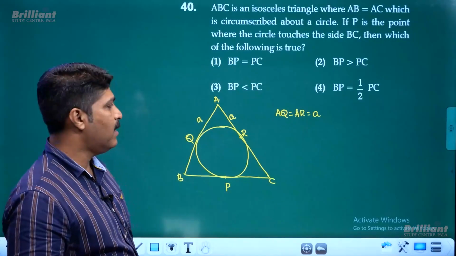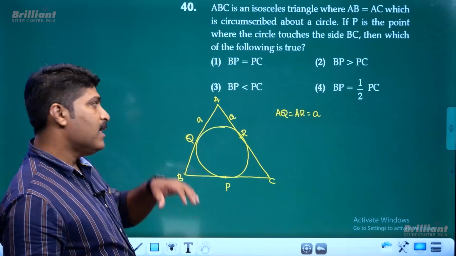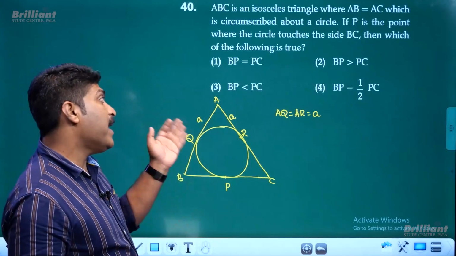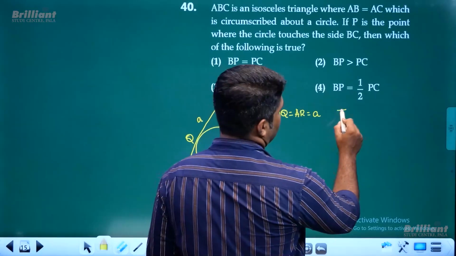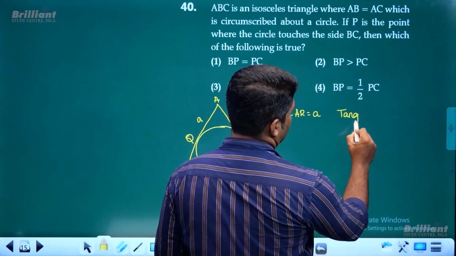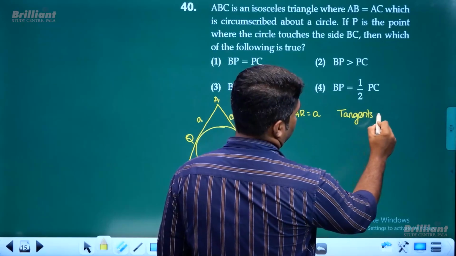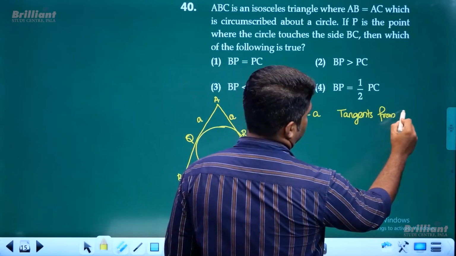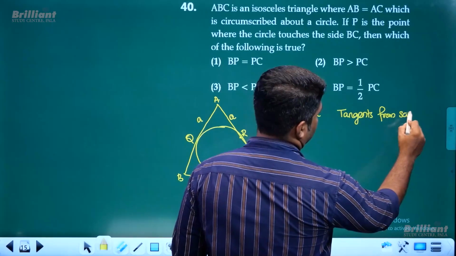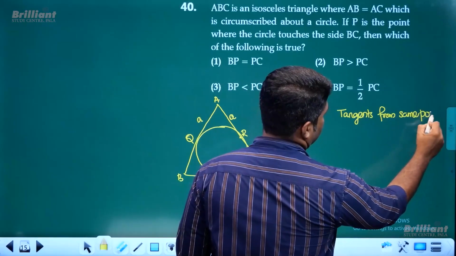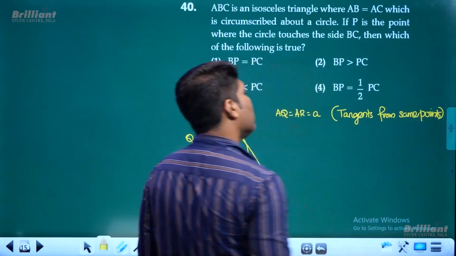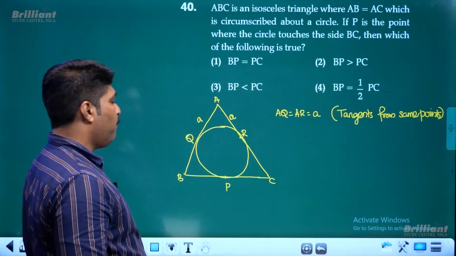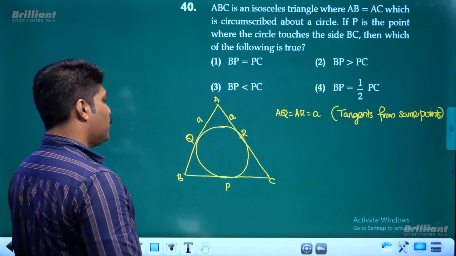Why did it happen? Those are the tangents from an outside point to a circle. Correct. So these are tangents from the same point. Got it? In a similar way, we can consider these two places also.